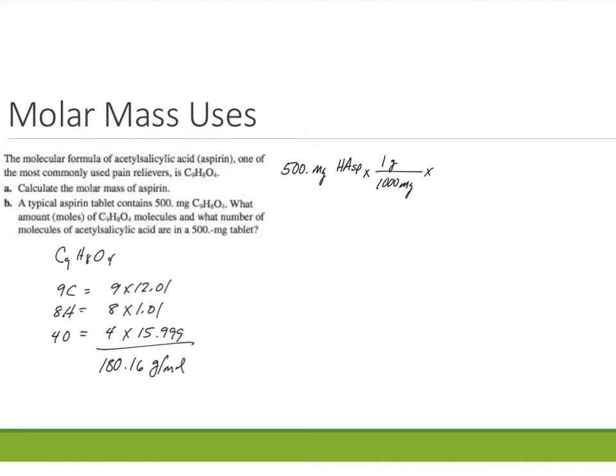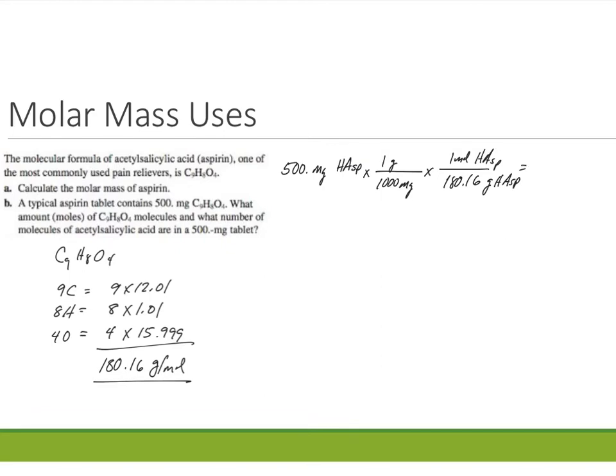And then I'm going to multiply by a conversion factor, which is my molar mass. I want moles. So 1 mole of aspirin, HASP, is 180.16 grams of the HASP.